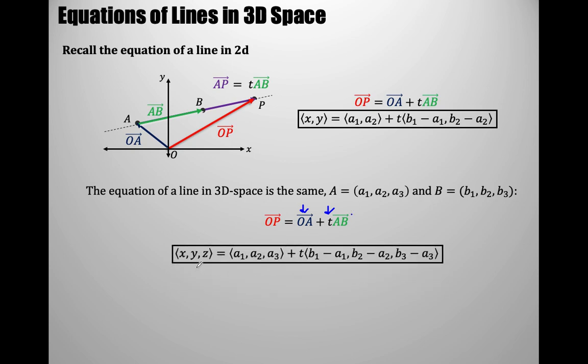So that's what it looks like, where these are the x, y, and z components of your initial point, or a point on the line. And this is your direction vector, where you can find any point on the line by varying the value of t for time.